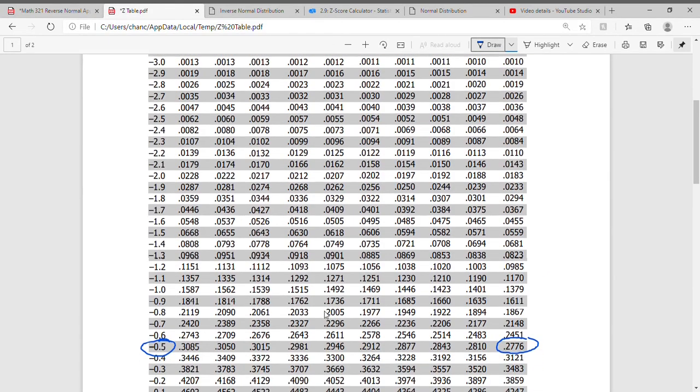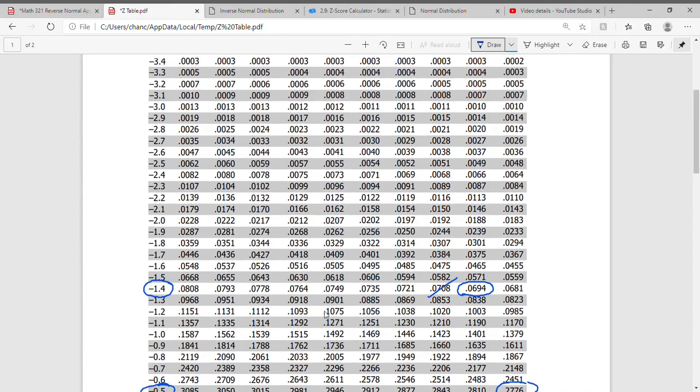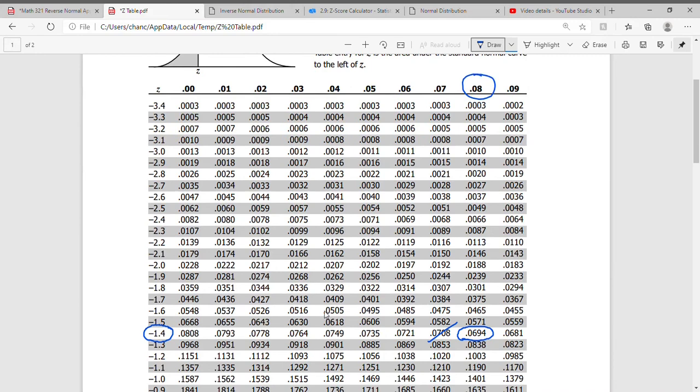And the closest number that I can find to 0.07 is this number, 0.0694. That's closer than this one. So this is the z-score we'll use, negative 1.48. We're going to use negative 1.48 for the z-score.